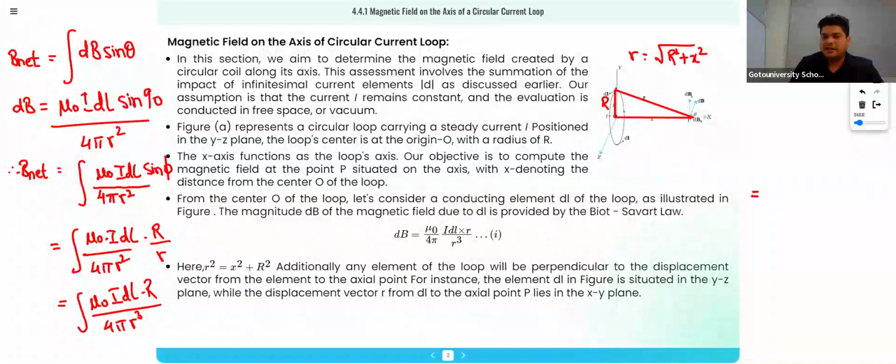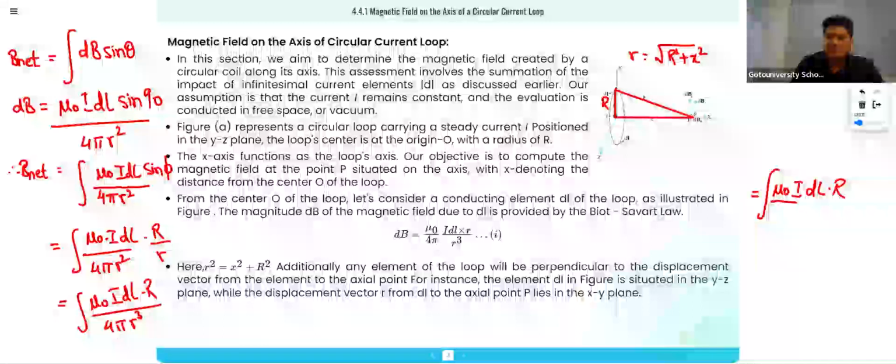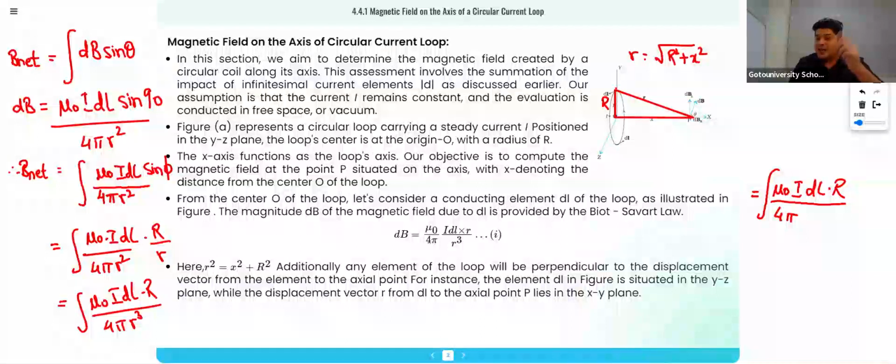So here you can write it as the integration of mu naught I dl into R over 4 pi, and in place of r, you can write R square plus x square raised to 1 upon 2. And already we have 3 here, so we write R square plus x square raised to 3 upon 2.